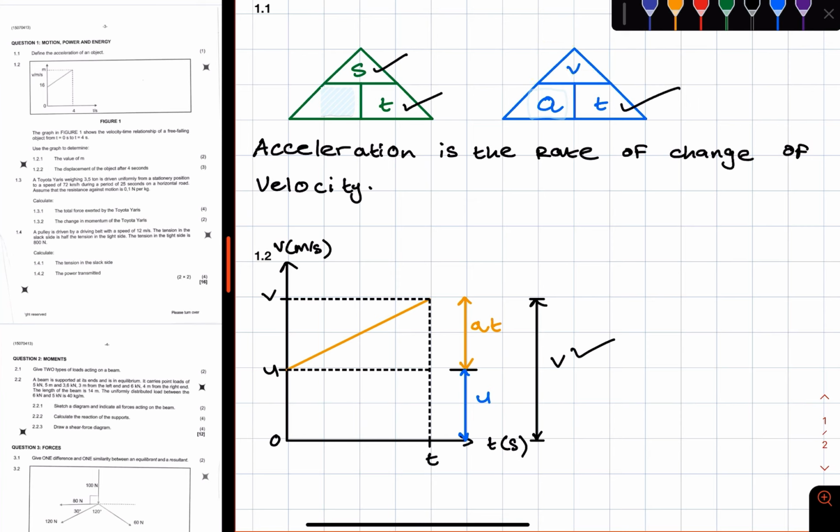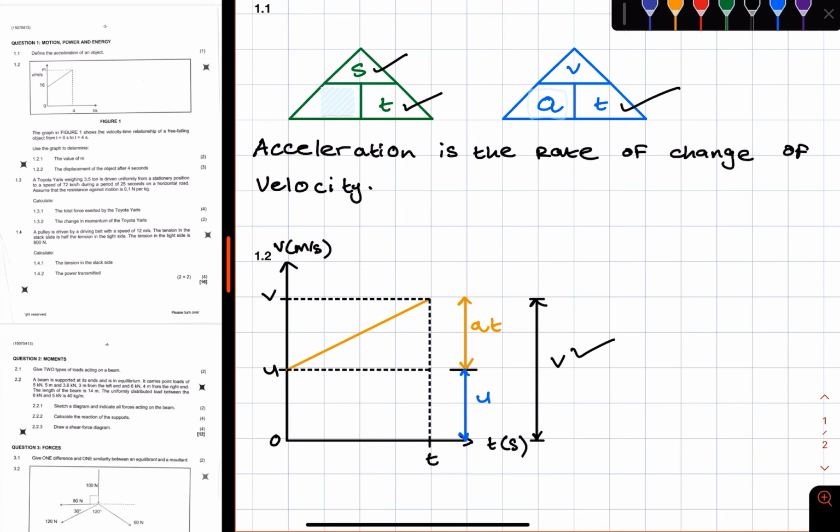So meaning whenever we get a change in velocity, we experience acceleration, whether that's acceleration or deceleration. If you get a change in velocity, we experience acceleration. So in this graph where we see the parts where the velocity changes, that's where we experience acceleration.